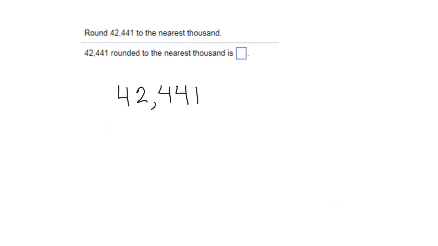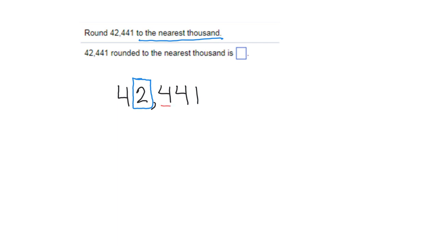For this problem, it's asking us to round 42,441 to the nearest thousand. So nearest thousand, so the 2 is in the thousands position. And again, we want to know if this remains a 2 or if it increases to a 3.